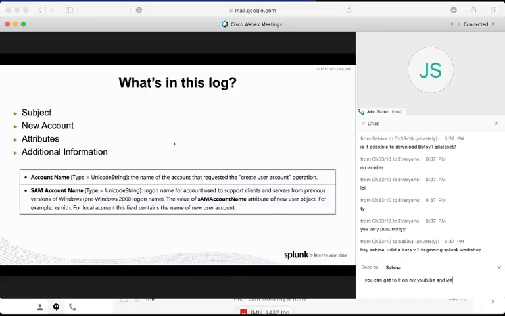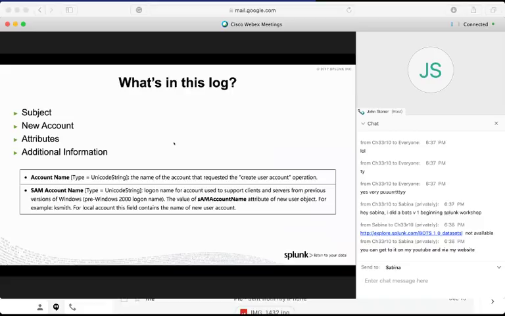So inside of the event log itself, there's 4 sections, right? There's a subject, a new account, attributes, and additional information. And if I'm referencing back to my documents, I can see that the account name is the name of the account that requested the create user operation. And then the SAM account name is the login name of the account used to support clients and servers from previous editions, and it's the attribute of the new user object.